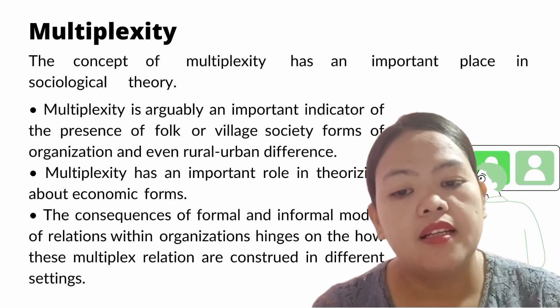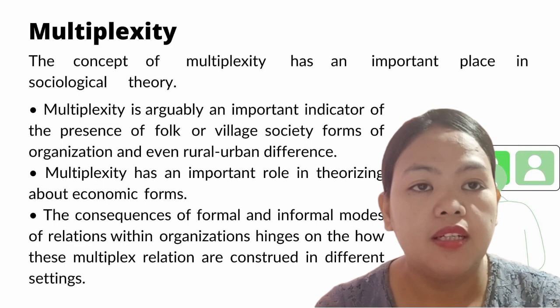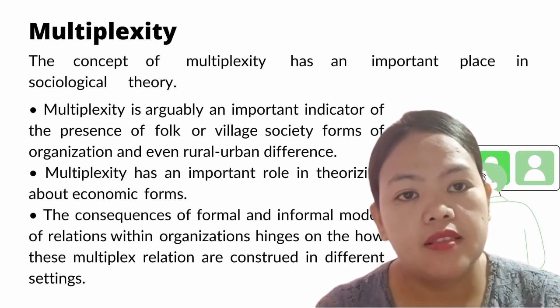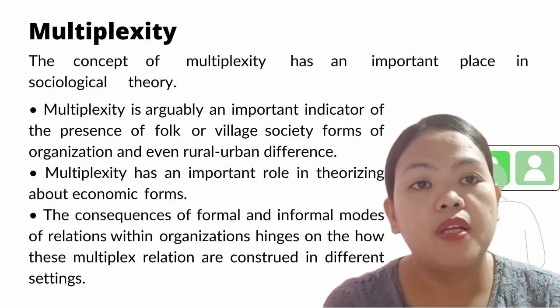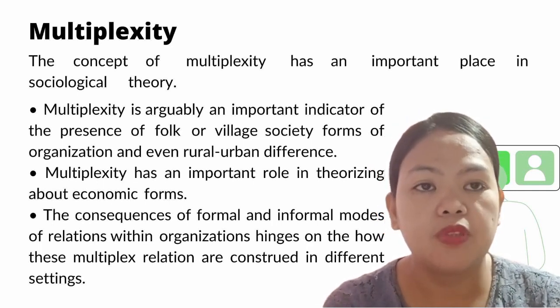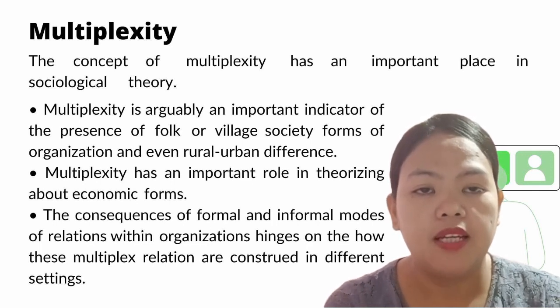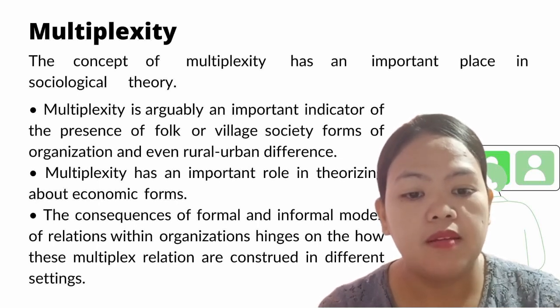Multiplexity has two related senses in the network literature. The first is role multiplexity. This refers to the possibility that two nodes occupy more than one position that ties them together. The nodes here refer to the people and the links refer to the social connections between them.